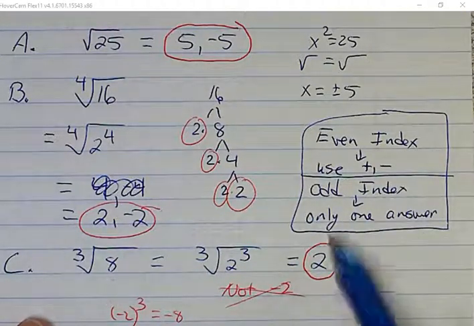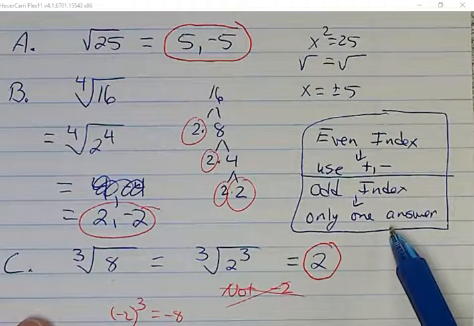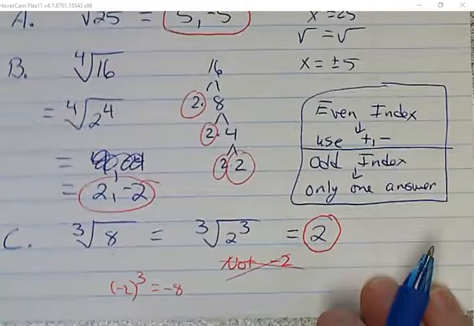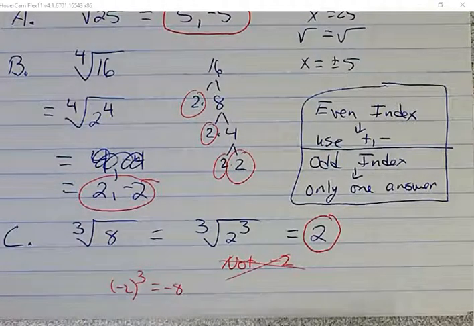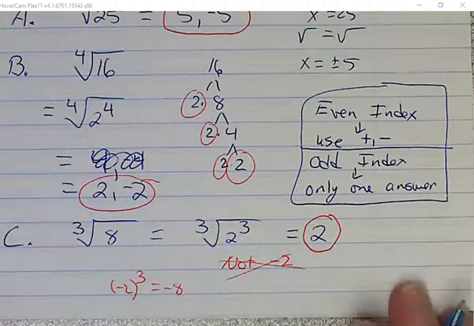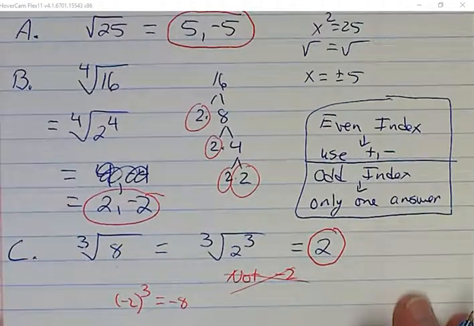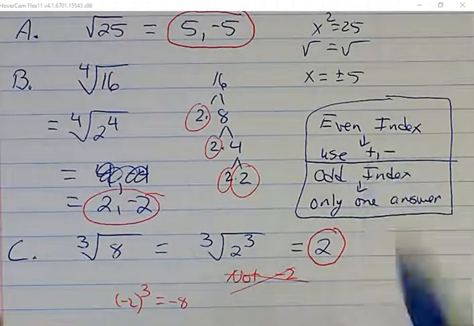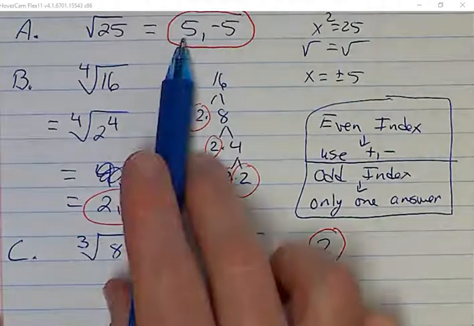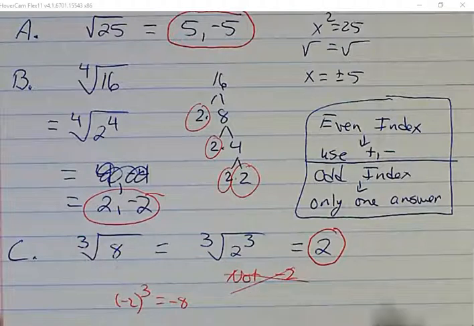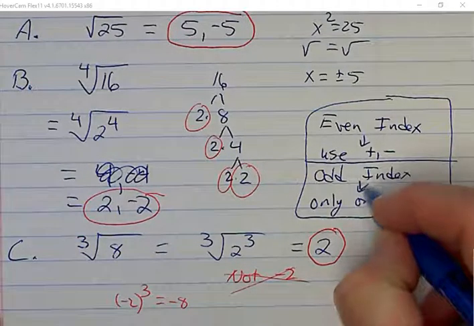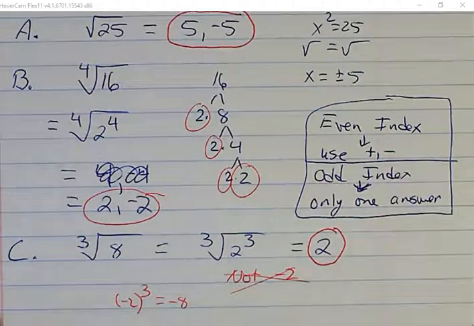If it's an odd index, you only use one answer when you're going through this. So, you know, on the flip side, if we did like a D part here real quick. Use plus or minus, like up here when we had the positive and negative for that part. Yeah, so even index, you're going to use the plus or the minus. If it's the odd index, you're only going to have one answer. And that's going to depend on what the problem was.